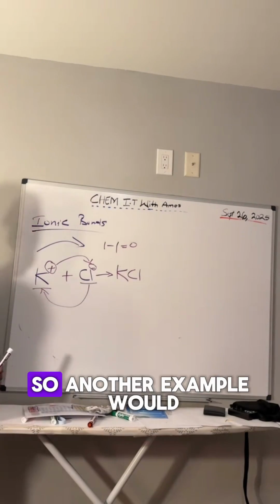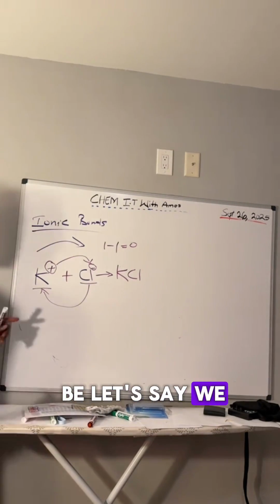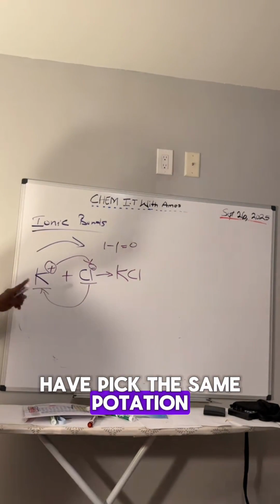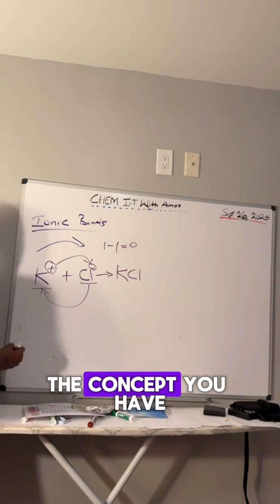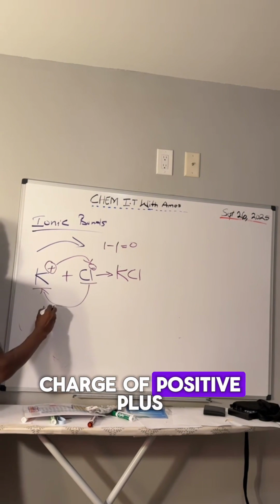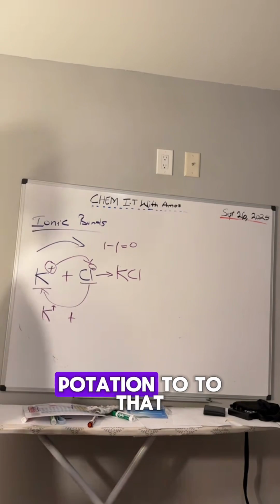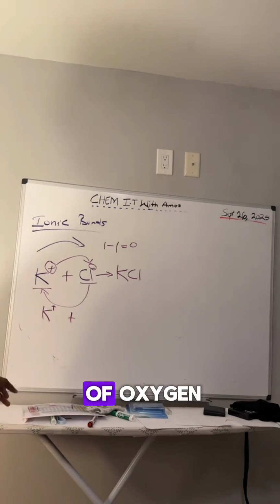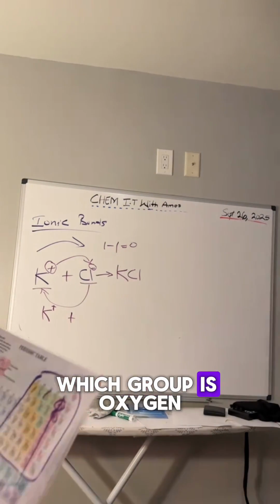Okay, so another example: let's say we pick the same potassium. We maintain the concept. Potassium has the charge of positive 1. You want to add potassium to oxygen. Which group is oxygen in?